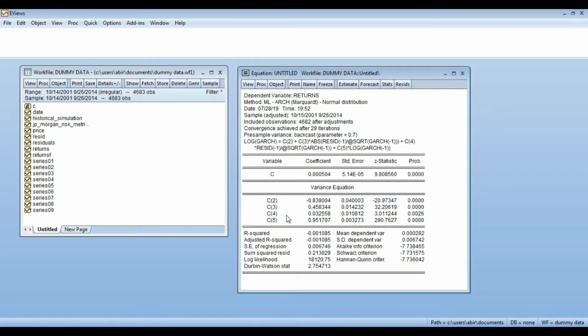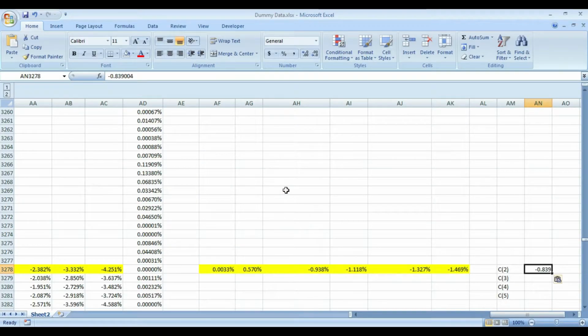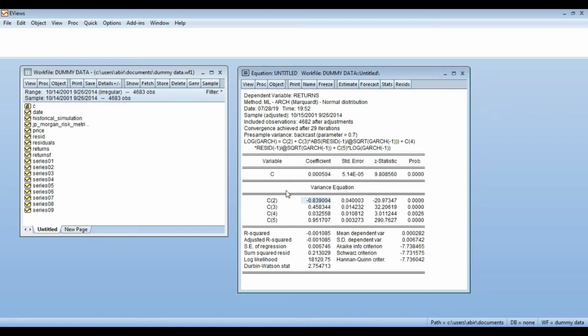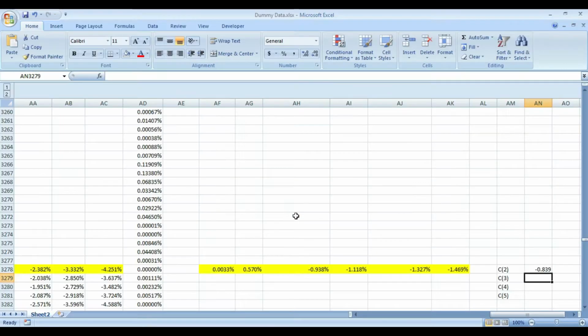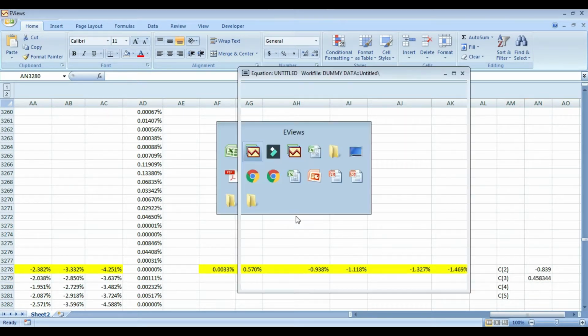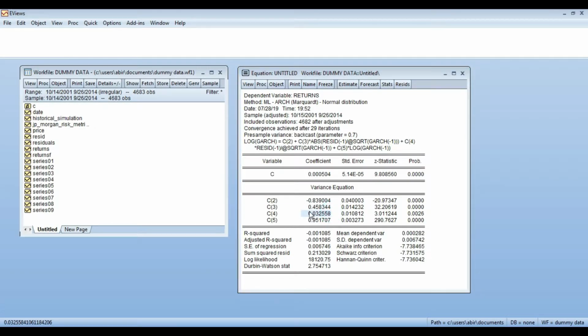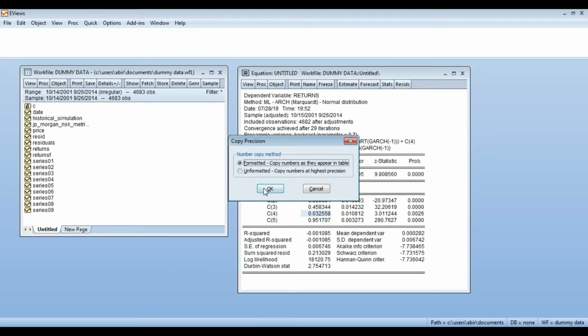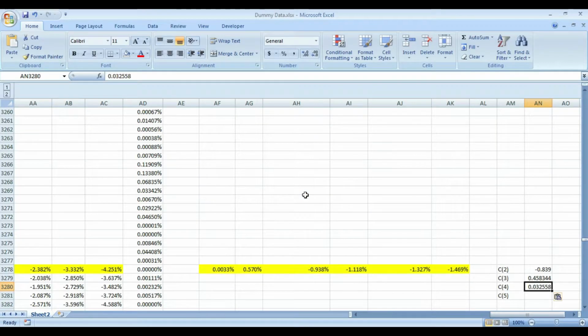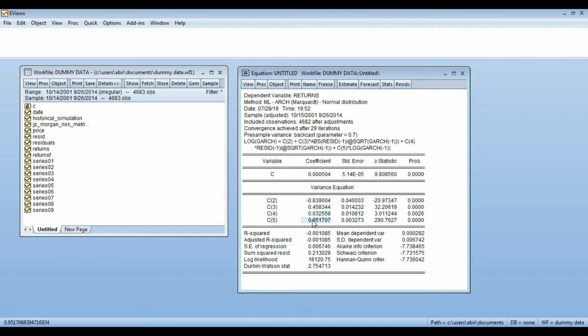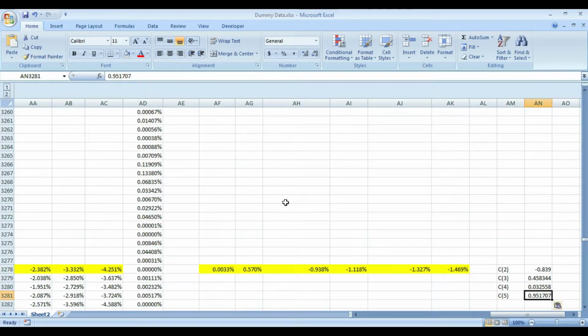I write their values over here. Okay, copy. C3's value, C4's value and C5's value. So all the values are copied.